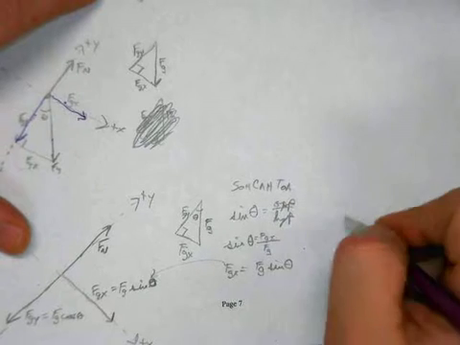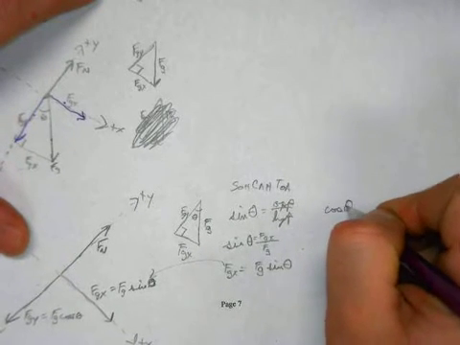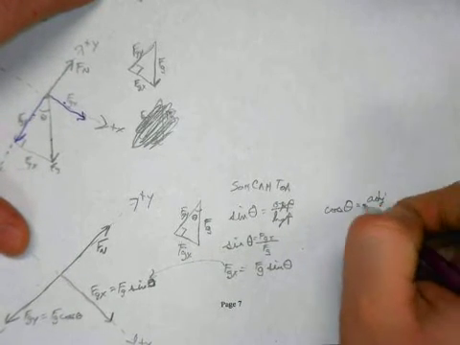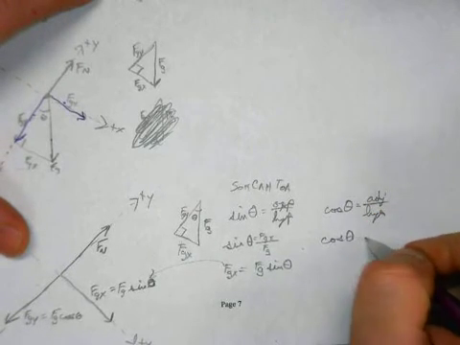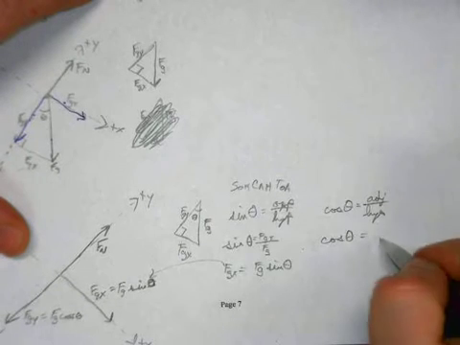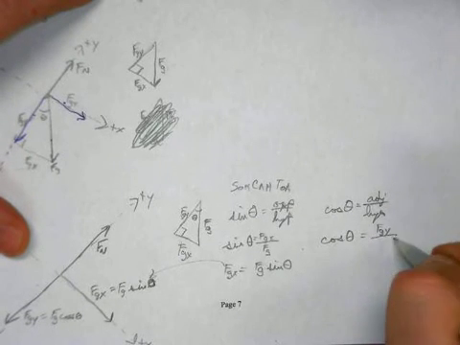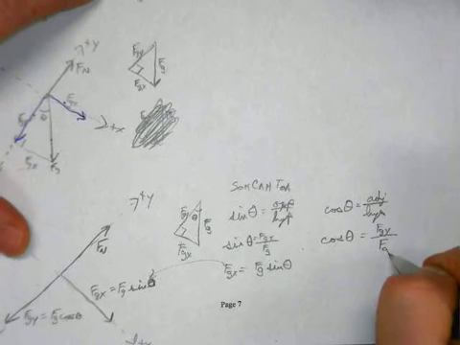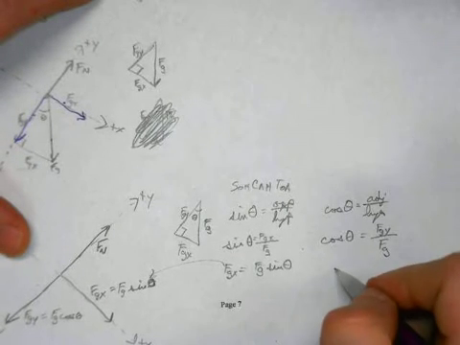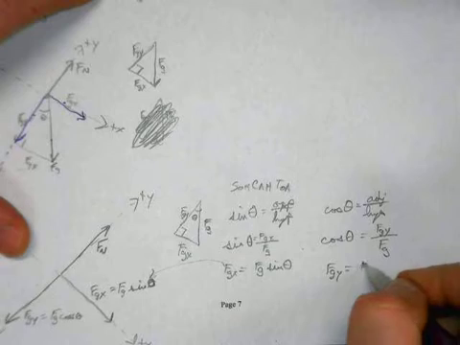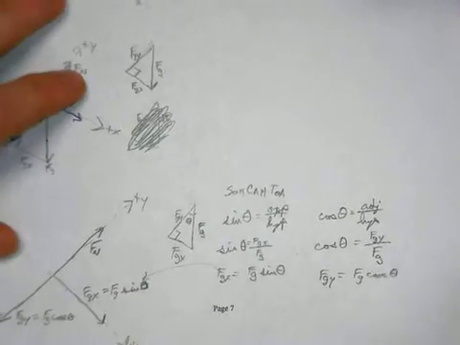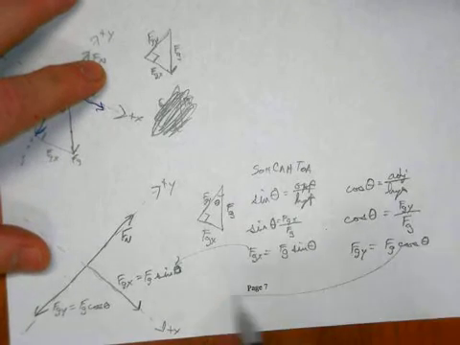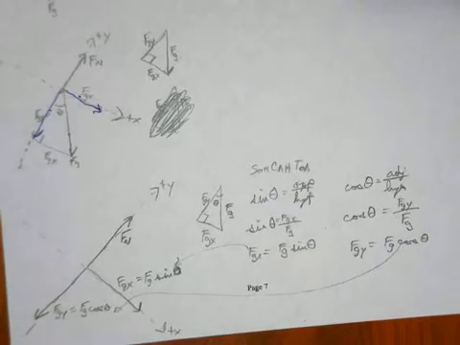Similarly, cosine of theta equals adjacent over the hypotenuse. So cosine of theta equals the adjacent, which is FGY, that means it's right next to the angle, over FG. So FGY equals FG cosine of theta. And that is what we have over here. So just simple trig relations.